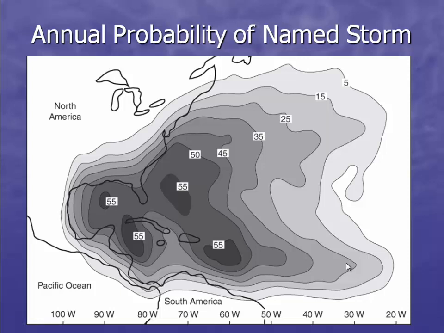If you like probabilities and odds, the annual probability of having a named storm at different portions in the basin is very high. So if you're focusing on the Gulf of Mexico, there's better than a coin flip of a chance that there will be a named storm in the Gulf of Mexico every year. Basin wide, the sweet spot, if you will, the hot spots for development are just east of Cuba, the Lesser Antilles, the islands out here.